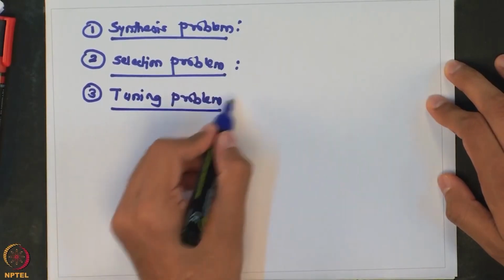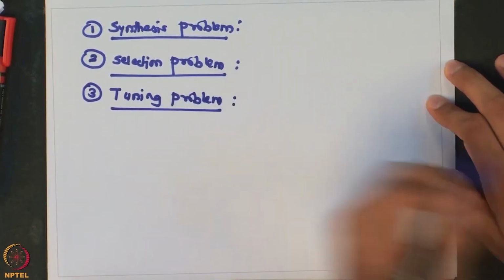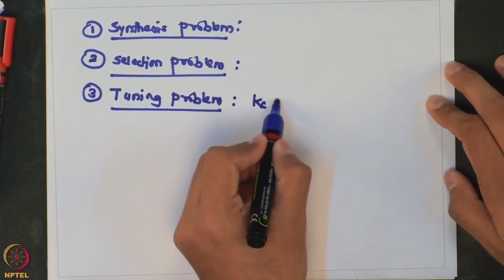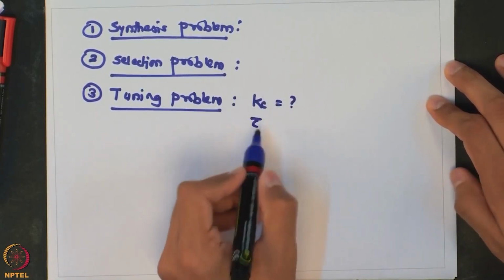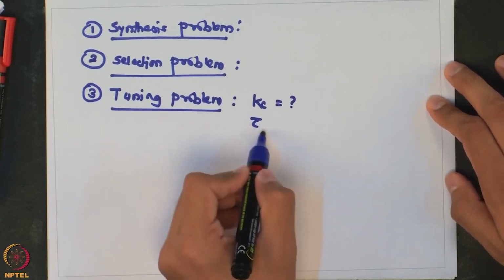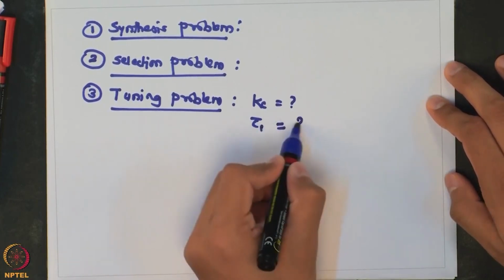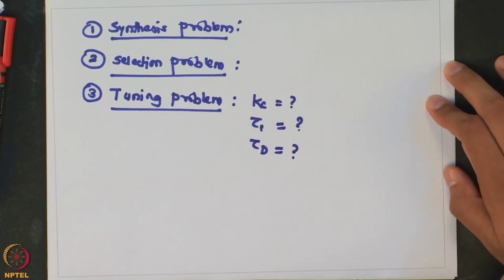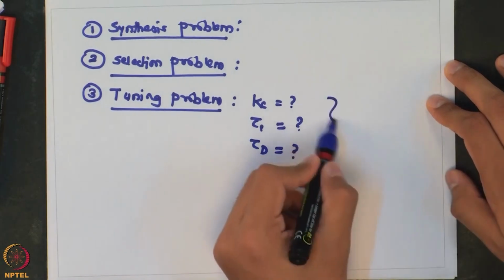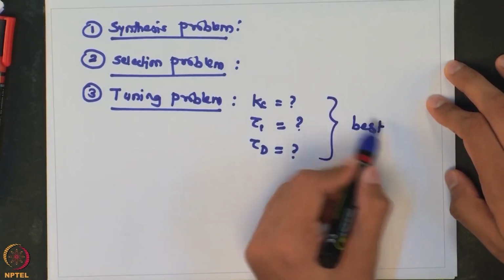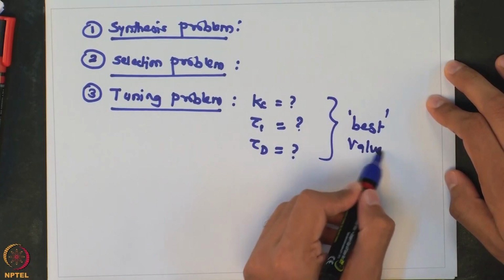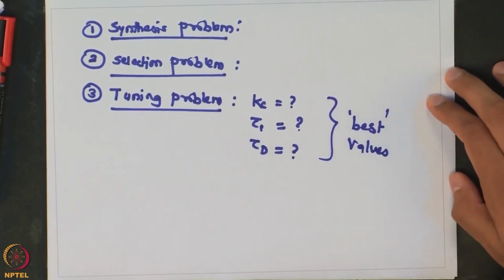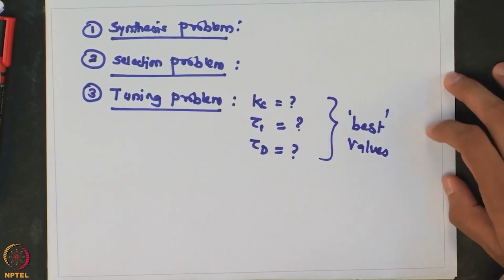So for a given PID controller, how do you select good values of the controller constant gain, integral time constant and derivative constant, depending on whether you are using a P controller, PI controller or a PID controller. So how do you select the best values for these would come under the context of tuning problem.